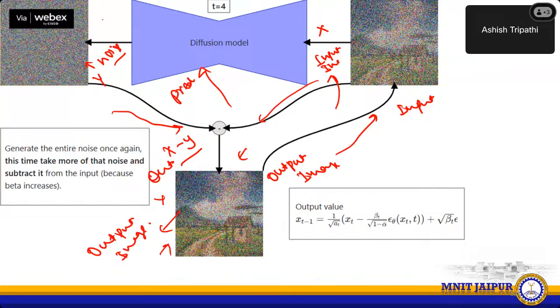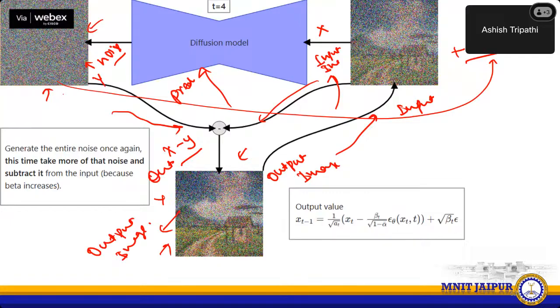This is the noise that my model has predicted. The main objective of my diffusion model was to predict the quantity of noise that has been added in the previous iteration. So my model is doing the same. It is predicting that this is the noise that you have added in this image in the previous step.